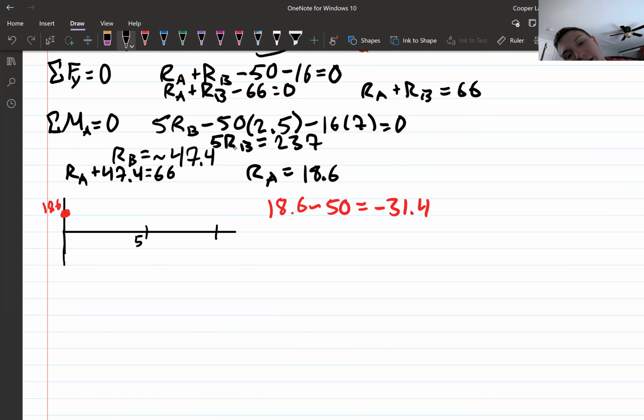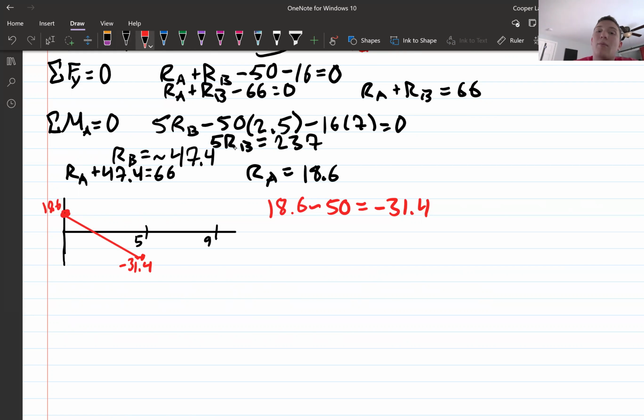Now we're also going to put 9 here, because 9 is the end of the beam, and 5 is where the distributed load of 10 newtons ends. So this is going to go down until it hits negative 31.4 down here, which then gives me a slope, because it's a distributed load, between those two.